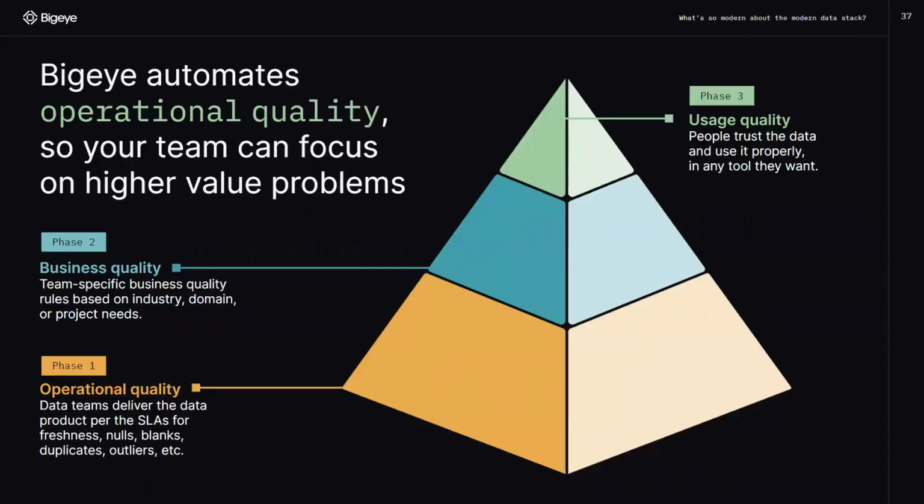So BigEye is a tool in the data observability space, the data reliability engineering space, that helps you improve the quality of your data and your data pipelines. It helps you at the operational level. Hey, is data being delivered? Is new data coming in at the volume that we expect? It helps you at the business quality level. Hey, we had constraints in our old world with SQL constraints and referential integrity.